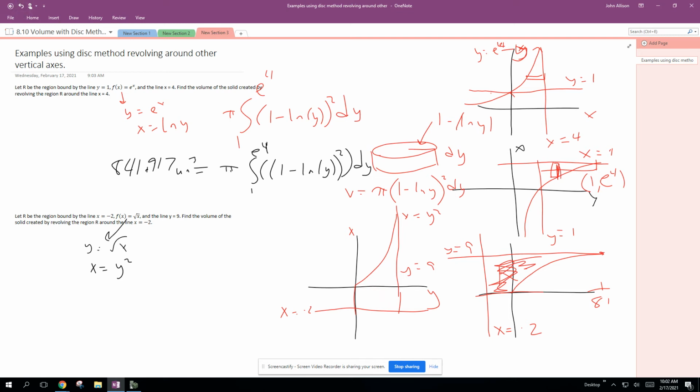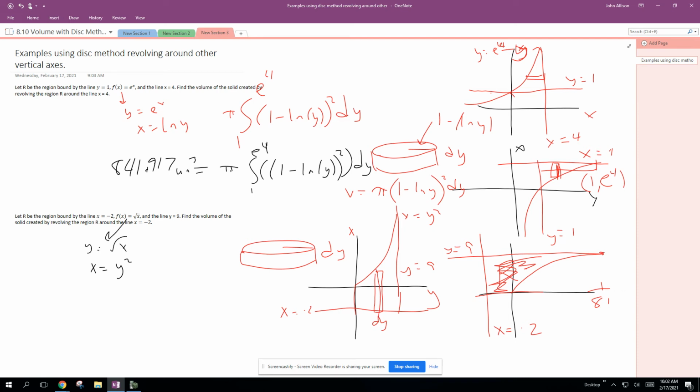So I'm going to draw one rectangle. The width is dy. Then we're going to have to figure out the height of that rectangle, because when I revolve this, I need the radius.